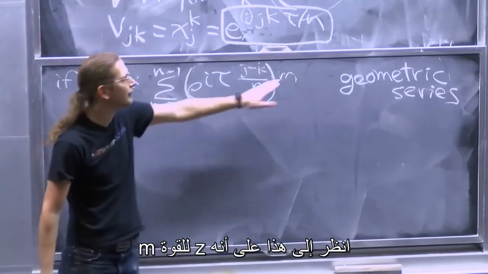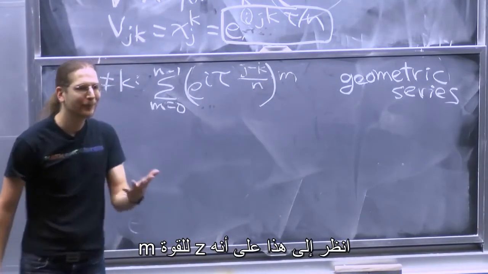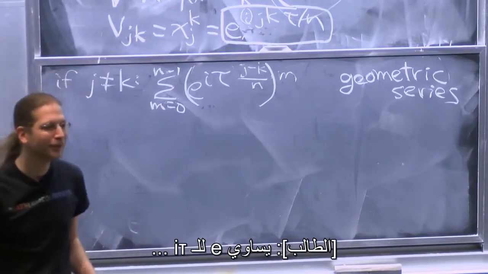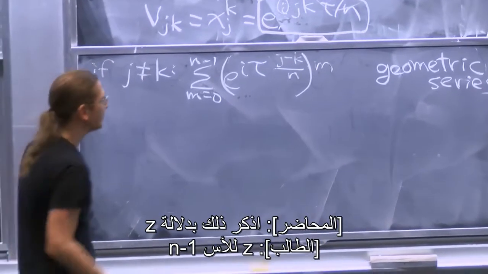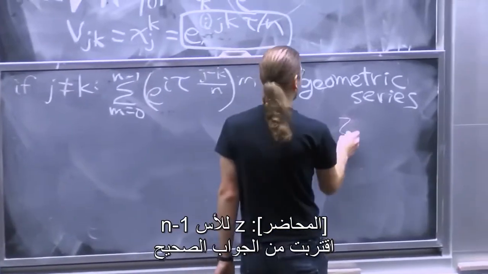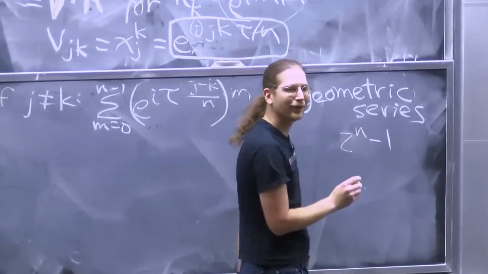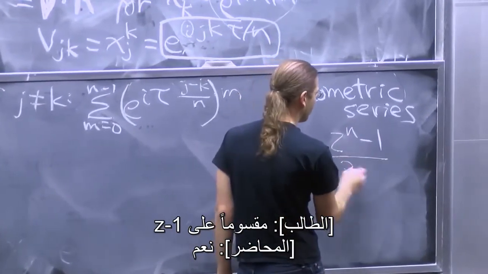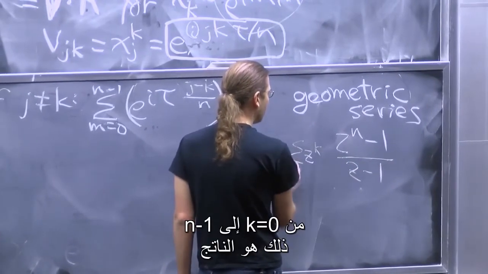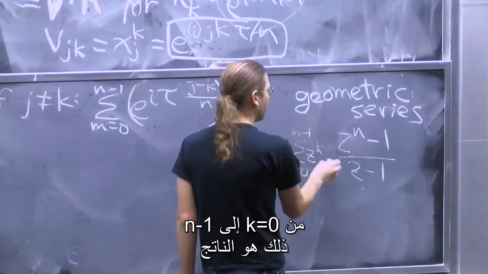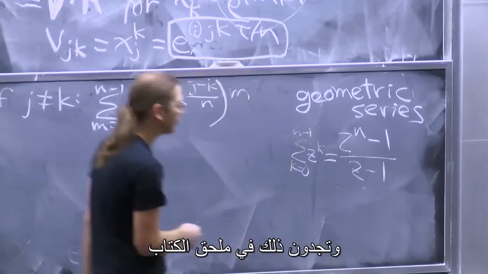So think of this as z to the m. Do you know the formula? z to the n minus 1, over z minus 1, yep. That's if you have the sum of z to the k, k equals 0 to n minus 1. It's in the appendix of your textbook.